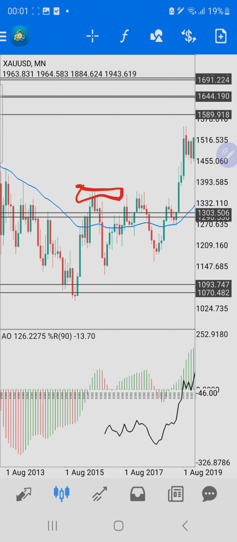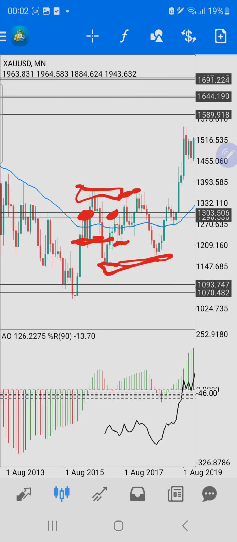This is setup number one. See, the market broke this neckline, this was the area where we were supposed to sell, and we sold here. The market came here, then went up, then came here, then dropped to the level. So this one went well.